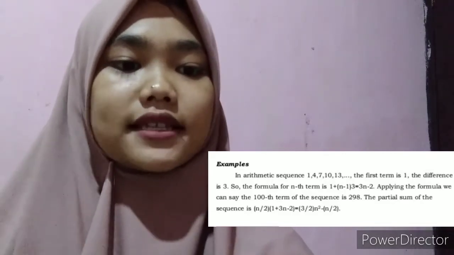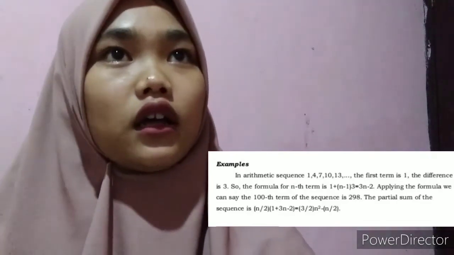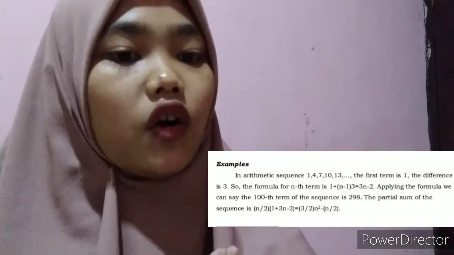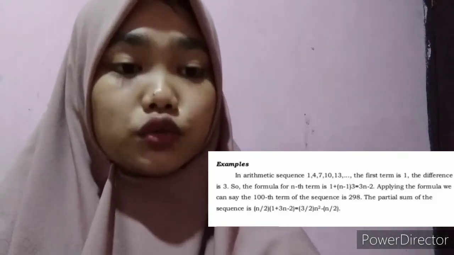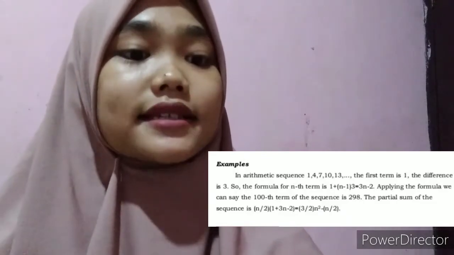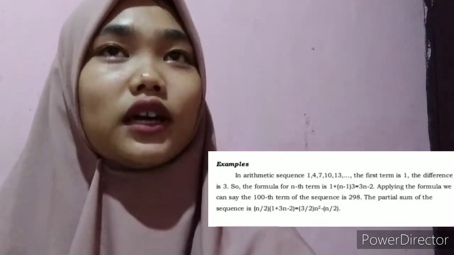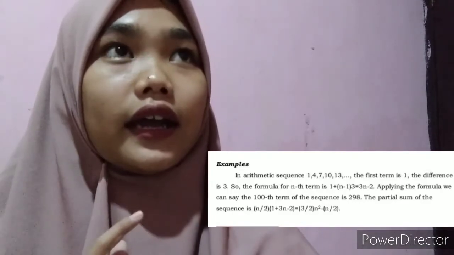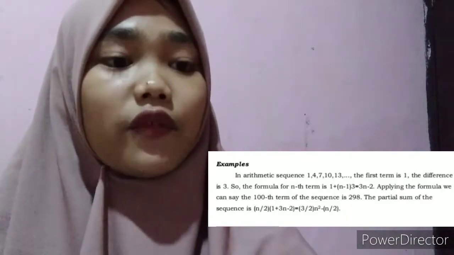Applying the formula, we can say the 100th term of the sequence is 298. The partial sum of the sequence is (n divided by 2) times (1 plus 3n minus 2), which is equal to (3 divided by 2) times n squared minus (n divided by 2).